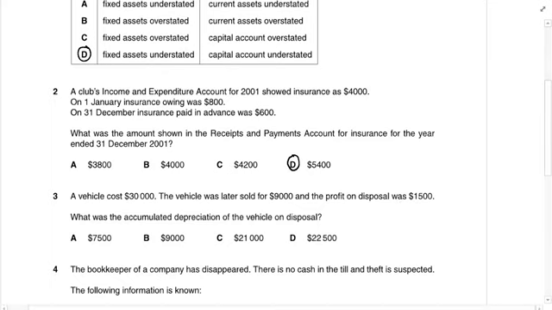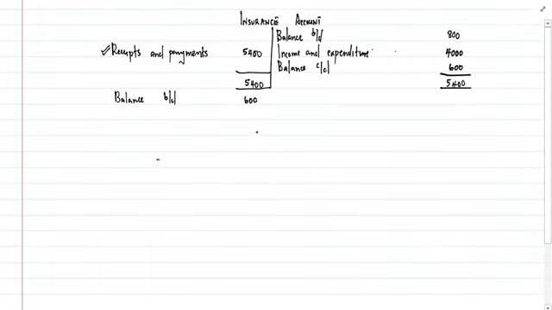As well, I would draw a disposal account to determine the accumulated depreciation. So that is vehicle disposal account. Right.